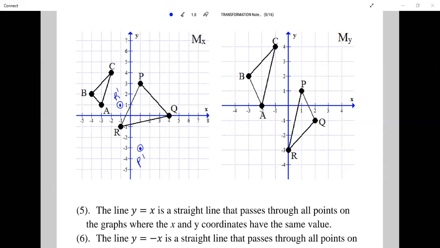To complete the reflection, all I have to do is connect R prime to Q. Connect R prime to P prime. And lastly, connect P prime to Q.